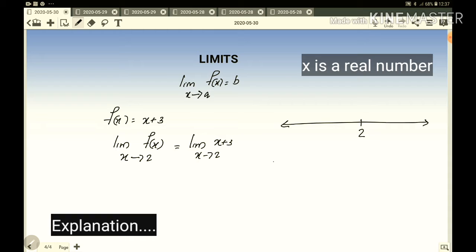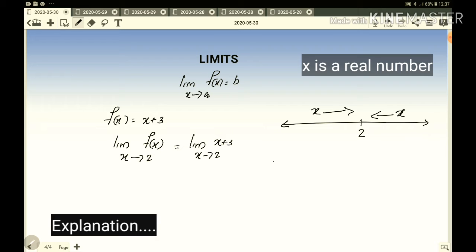As I said before, x cannot be equal to 2. x can take the values closer and closer to 2 from left and right. So x cannot take the value of 2, but x can take values closer to 2.